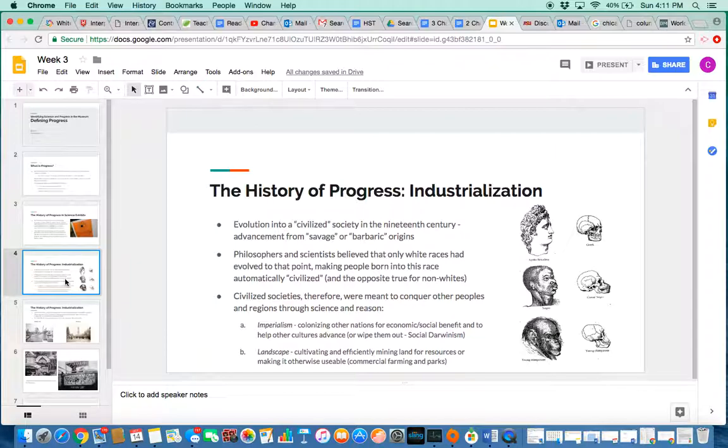So we have new advancements in, say, commercial farming or mining, that use the land in ways that these other societies were not. And we see this again as another example or a justification of the things that we have created in these Western societies.